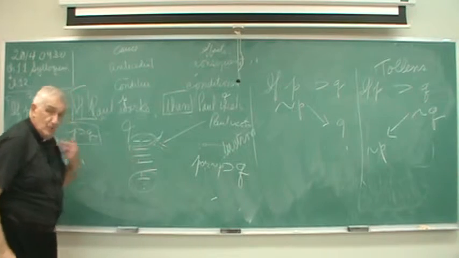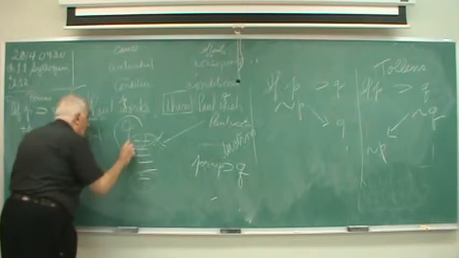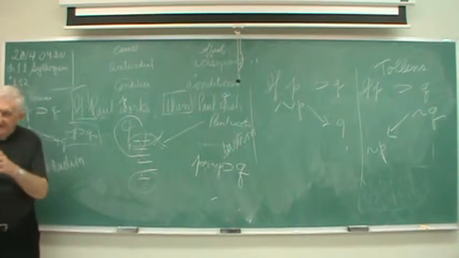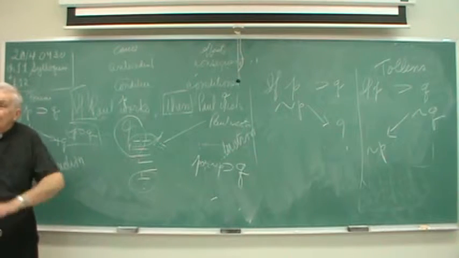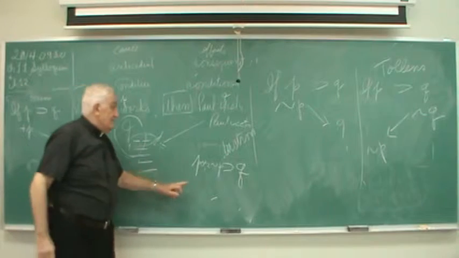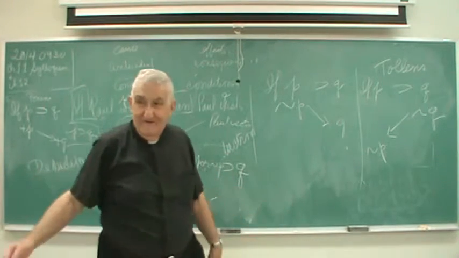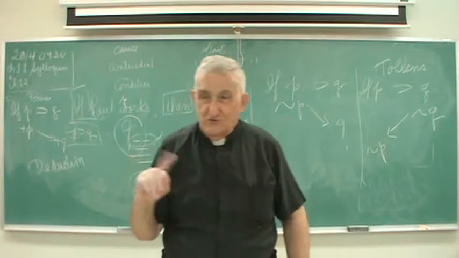We say we don't know. Unknown. But in mathematics, the two possibilities are valid. That means it can exist or it cannot exist. Both are valid.